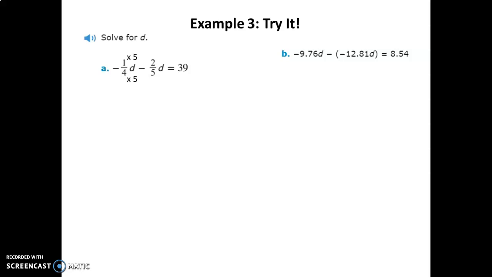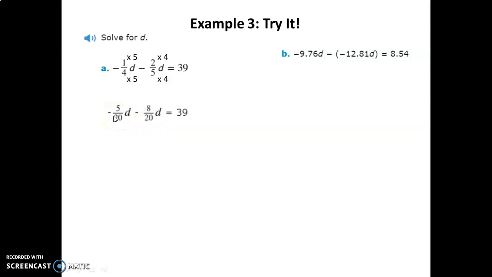The common denominator of 4 and 5 is 20. So I multiplied the first fraction by 5 and the second fraction by 4, and then we rewrote our fractions like this. Now that we have them rewritten with the same denominator, we can combine them.